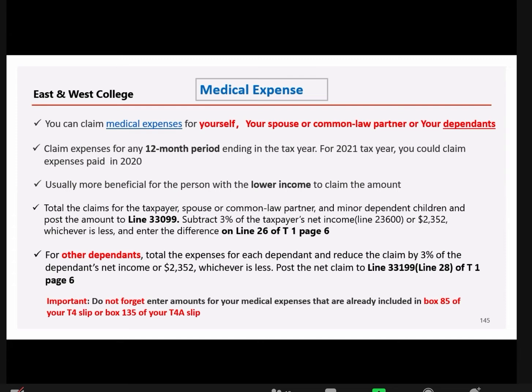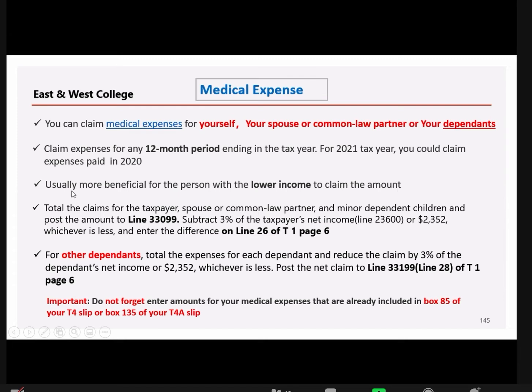Understand? Some students just get confused. Usually it's more beneficial for the person with low income to claim that amount. Does anybody understand that sentence? Yes, ma'am.